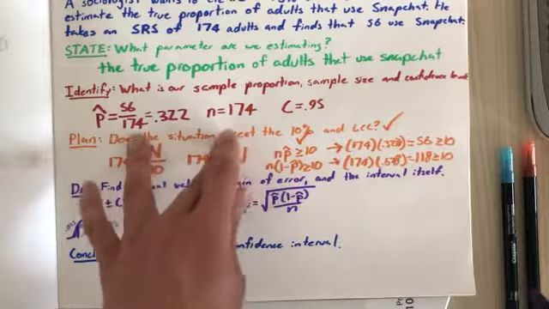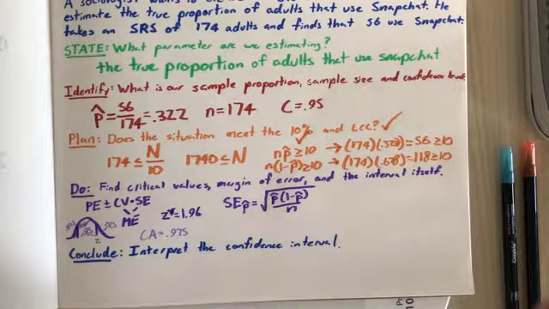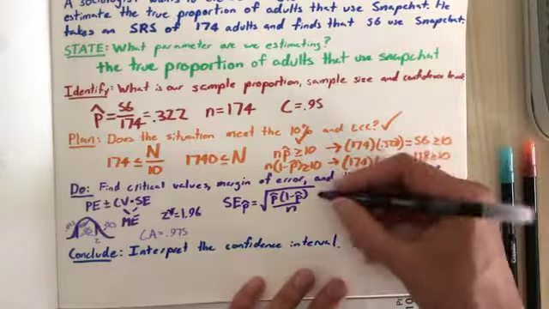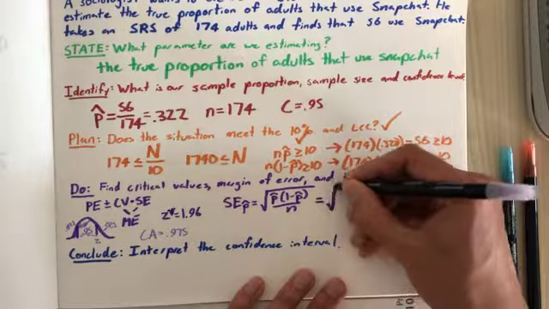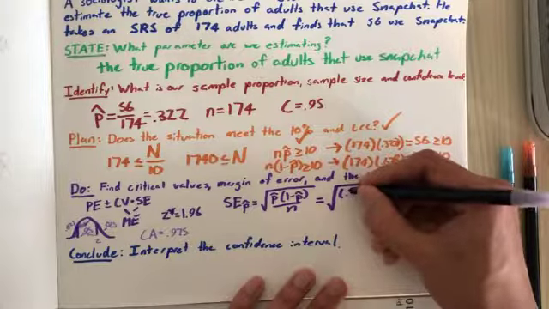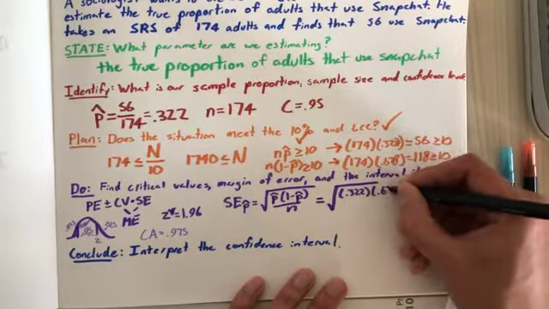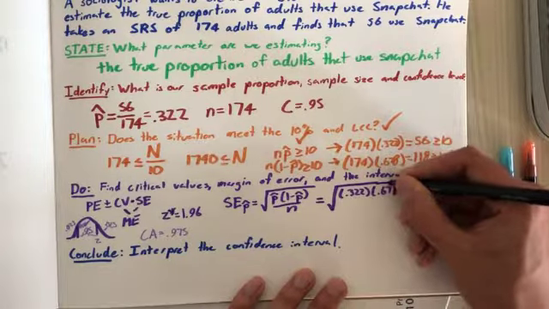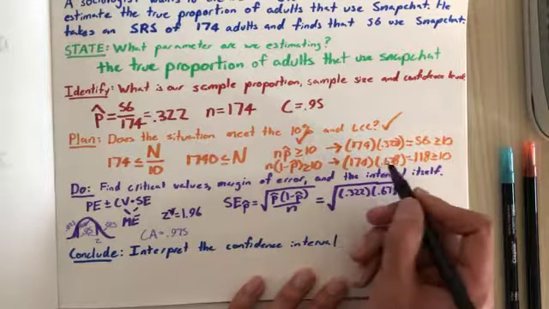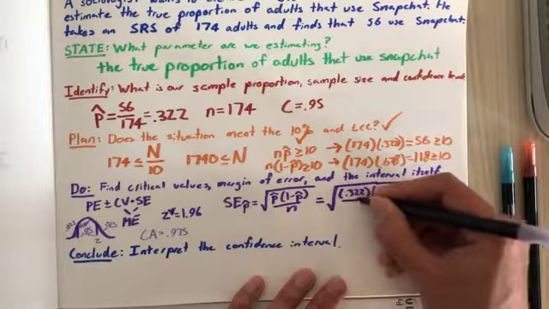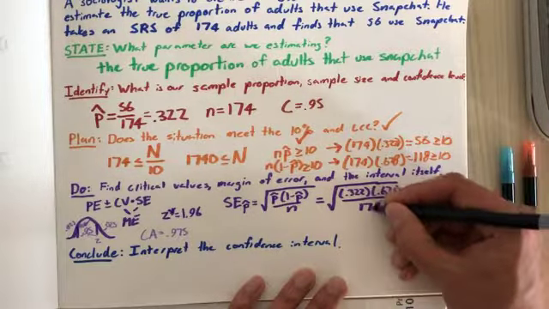That's why we did the identify step, so that we don't have to freak out about what those might be. So if we plug those in, we get the square root of 0.322 times 0.678. 0.678 is just 1 minus p hat. Remember, we calculated that up here. And then our n is 174.